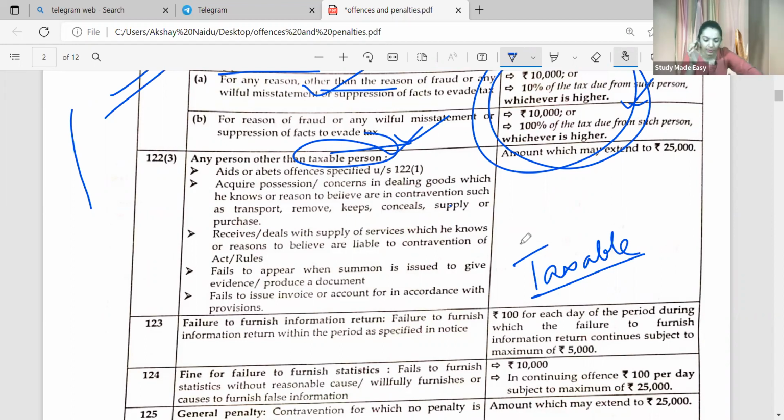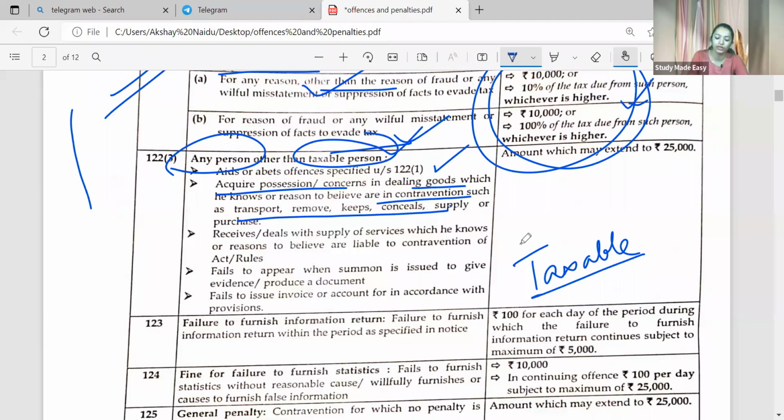get registered. So if such a person who is registered or liable to get registered, any offence he does under 122(1), or he acquires possession of or deals in goods that he believes or has reason to believe are in contravention.